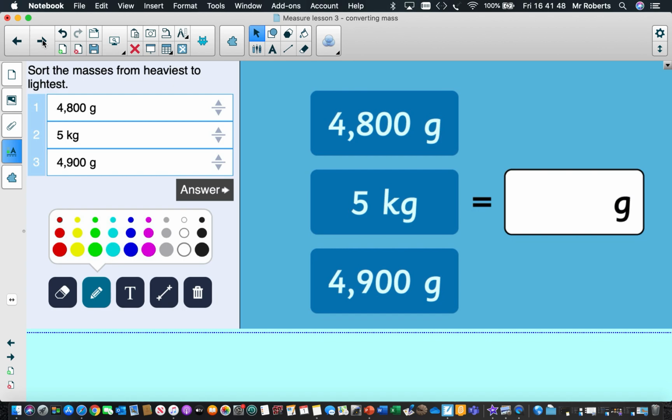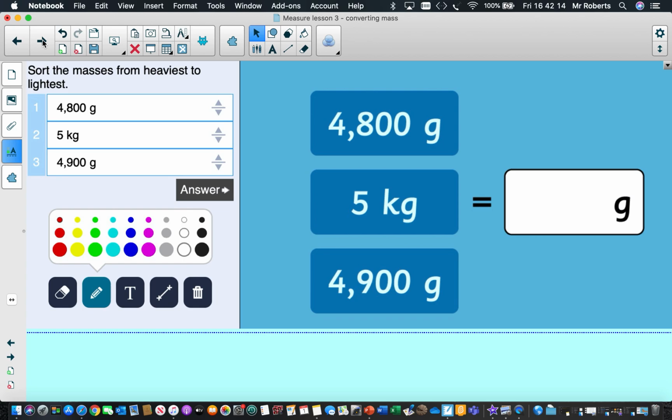So if 1 kilogram is 1,000 grams, then 5 kilograms will be, to help me work that out, I need to do 5 times 1,000. So 5 times 1,000 is 5,000. So 5 kilograms is the same as 5,000 grams. So that would be the one that we would be putting as the heaviest on the top.